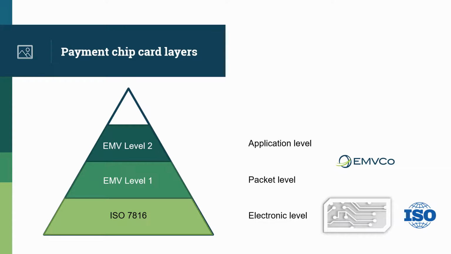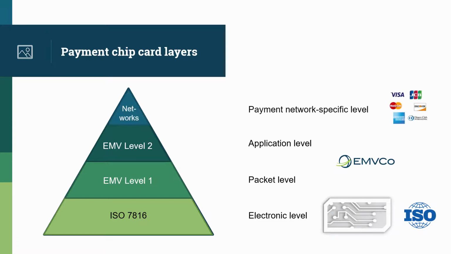Above Level 1 is Level 2. EMV Level 2 is the application level. The main purpose of this application level is to ensure interoperability between the various payment networks. Each and every payment chip card is compatible with EMV Level 2, which means that any payment terminal in the world can operate any payment chip card in the world, regardless of the payment network it belongs to.